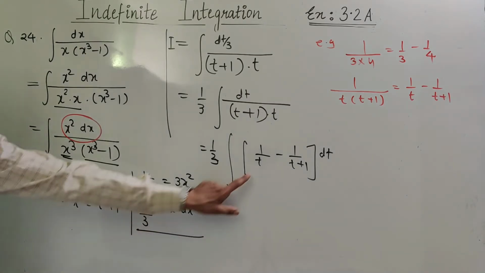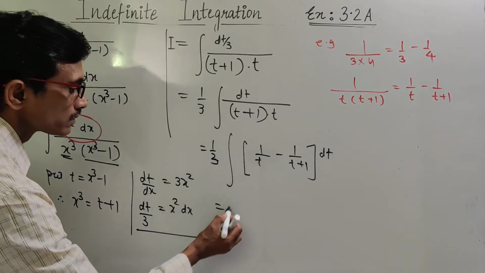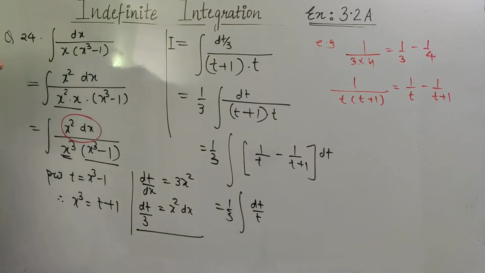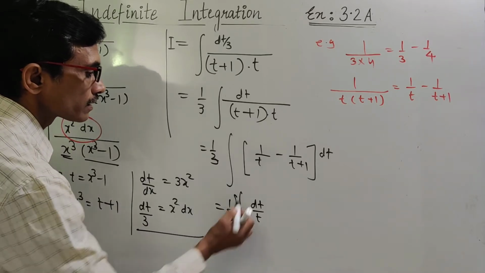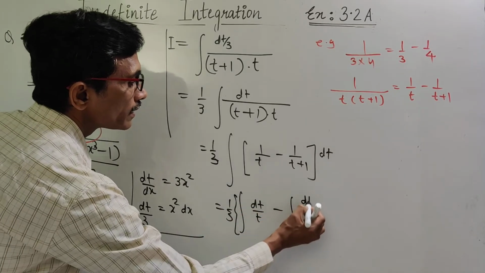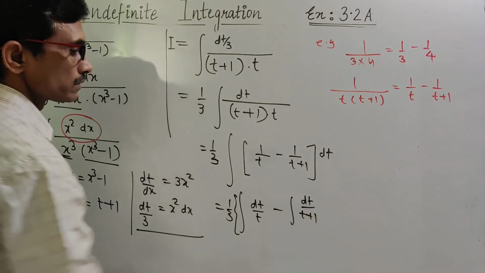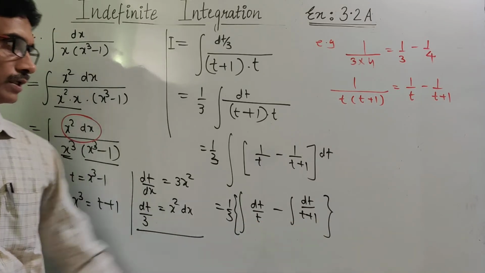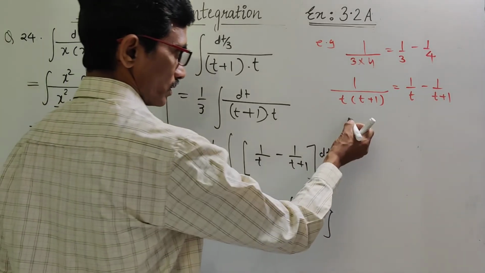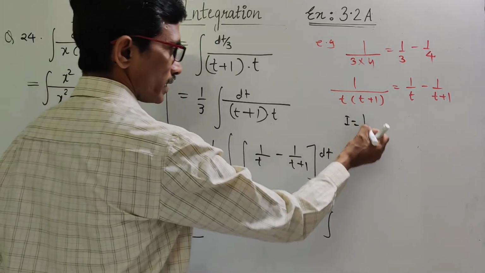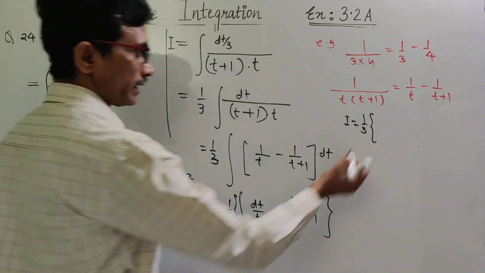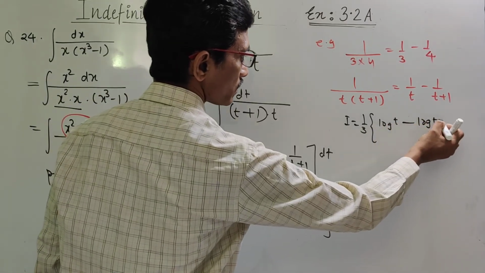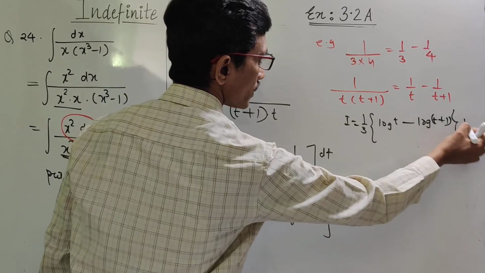So that 1 by 3 integral dt upon t, minus integral dt upon t plus 1. Now this integral is log of t and this integral is log of t plus 1. So I will be equal to 1 by 3 into log t minus log t plus 1, plus c.